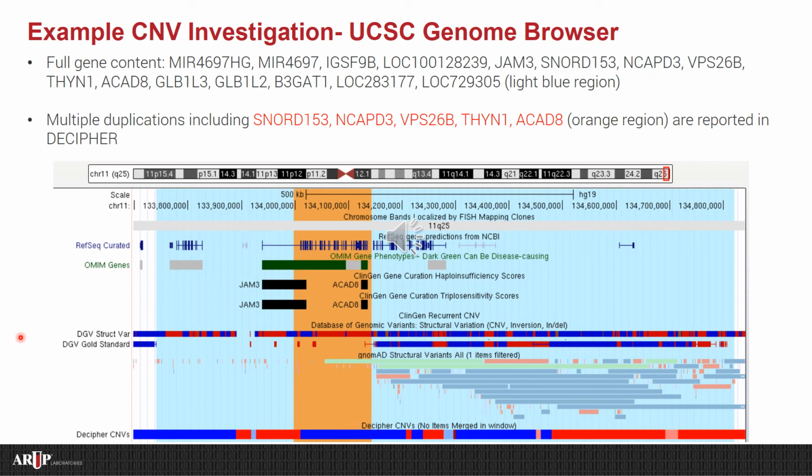And so here's an example of a recent approximately 1 megabase duplication in 11q25 that we investigated, the boundaries of which is highlighted in blue in the UCSC Genome Browser snapshot, provided as a link out from the first page of our investigation template.